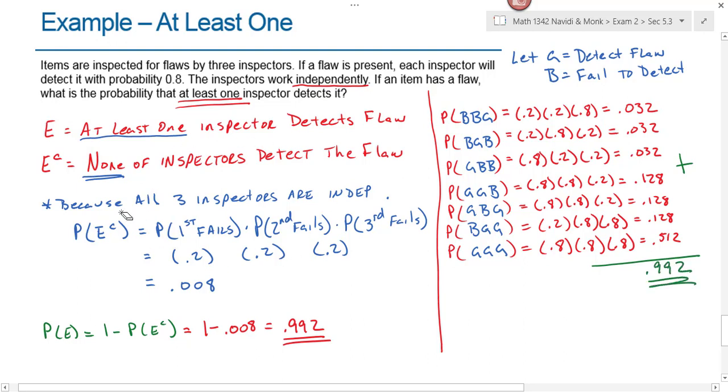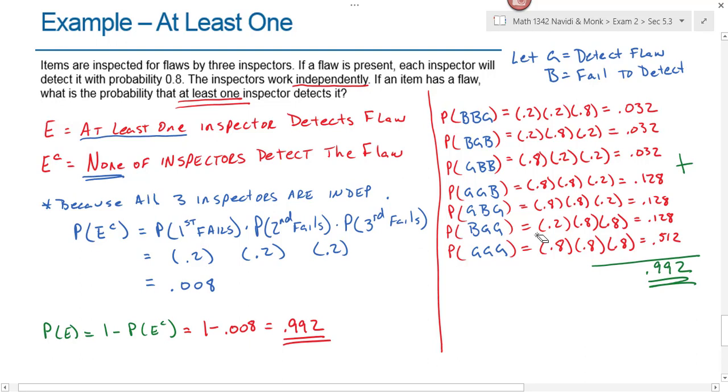This is a much safer way of working the problem, because what if you didn't consider all of the possibilities here? Or what if you had 10 inspectors and you wanted to know the probability of at least one of them making a good call? As the number of inspectors increases, this problem gets out of hand really fast.